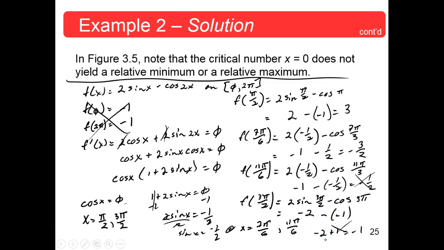So it looks like we have our maximum at pi halves, 3, and the minimum at 7 pi over 6, negative 3/2.